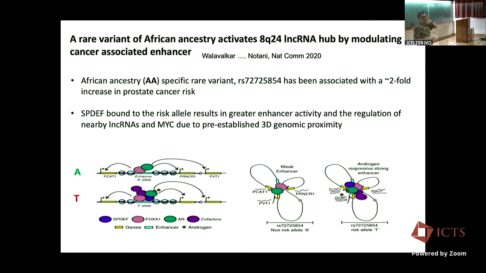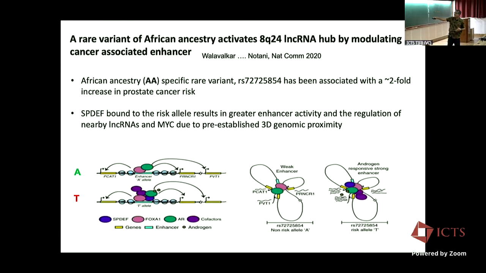And just to honor our friend Dimple here, I'll just tell you that this project was inspired by this one slide, literally. This particular variant has been associated with a twofold increase in prostate cancer risk. And Dimple's lab showed that in the normal allele, this SPDEF binds kind of weakly, and it has a weak 3D environment around it.